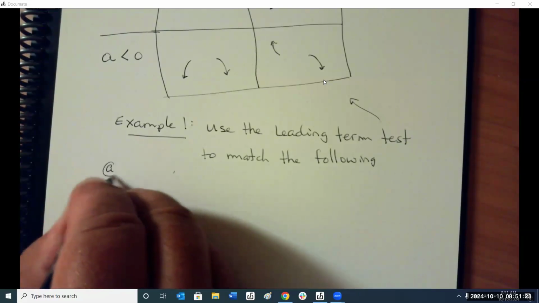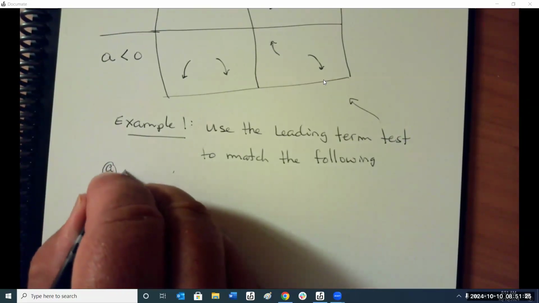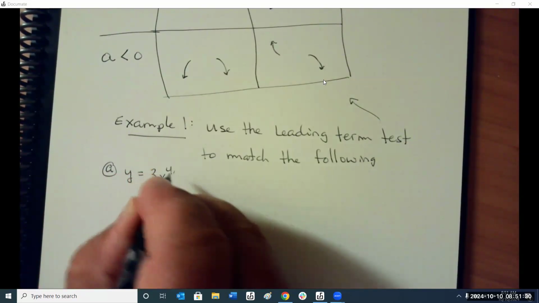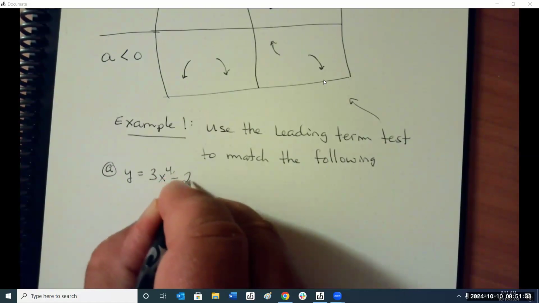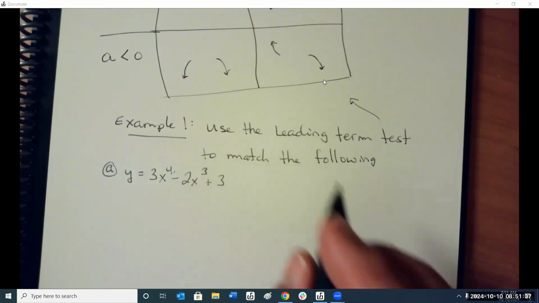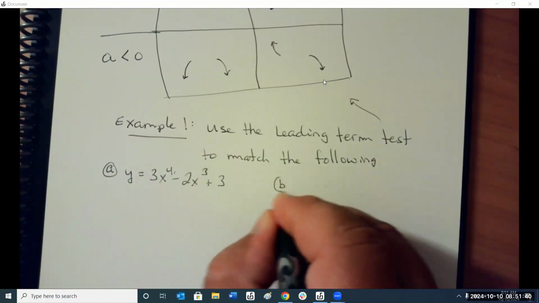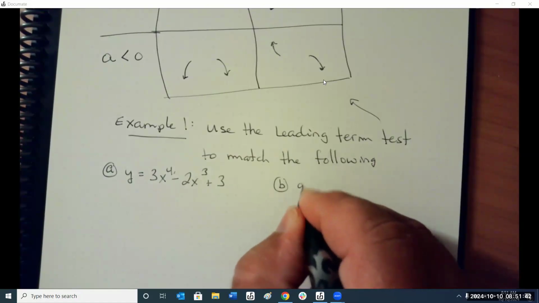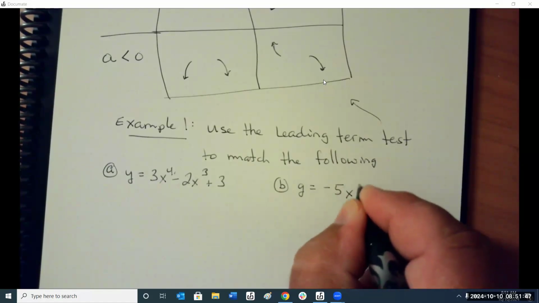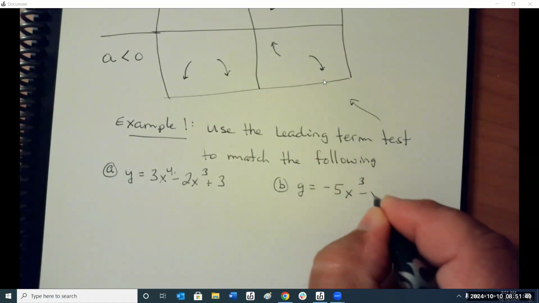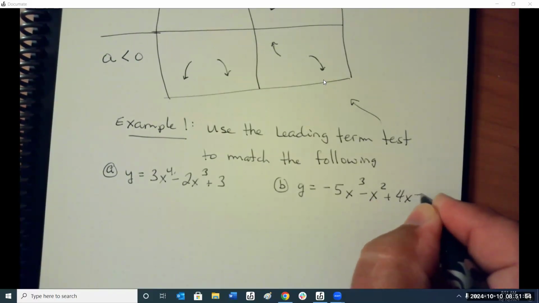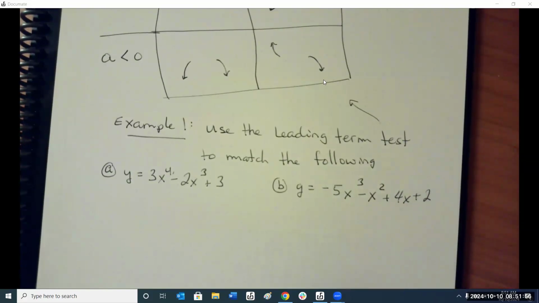Here are the functions. A, y is equal to 3x to the 4th minus 2x cubed plus 3. B, g of x is negative 5x cubed minus x squared plus 4x plus 2.